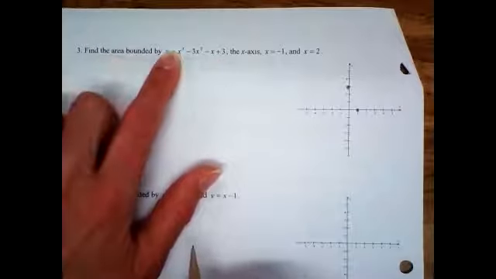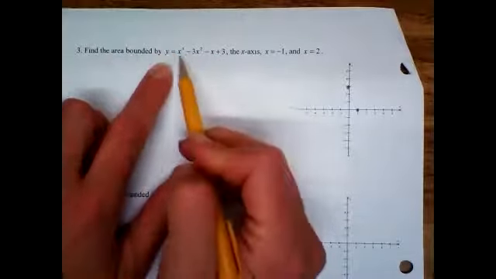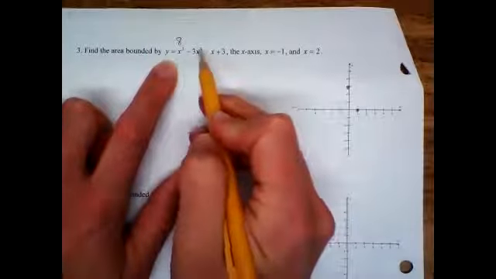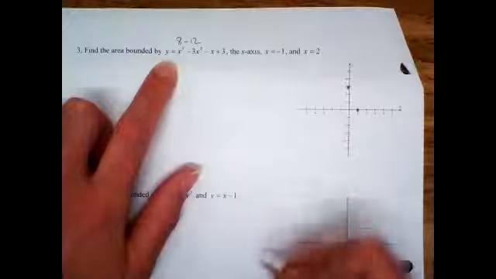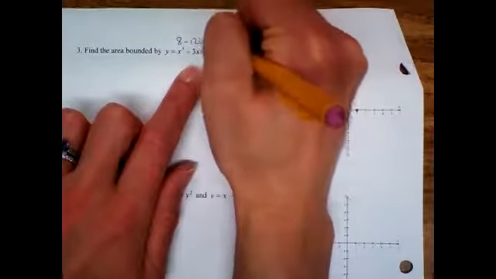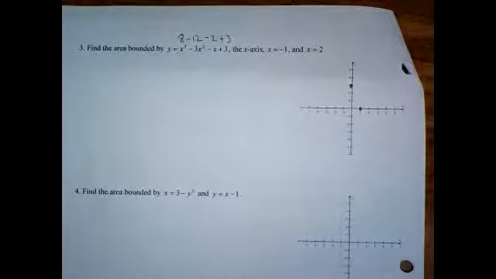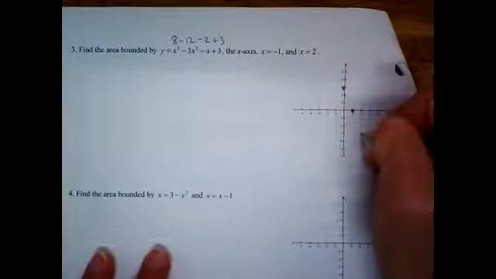I'm going to have to write this one down because at that point I can't do it in my head anymore. 2 cubed, 8. 2 squared is 4 times 3 is 12, so -12 minus 2 plus 3. All right, so if we plug in 2, what are we going to get? That's all going to add and subtract to be, is that -3? -3? So 2, -3.